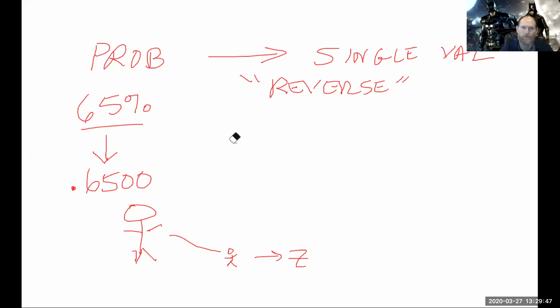Okay, so the formula we want to use here is we're solving for single value x, and that formula is z times the standard deviation plus population mean. Well, what did I just say? 0.385. That's not a probability.